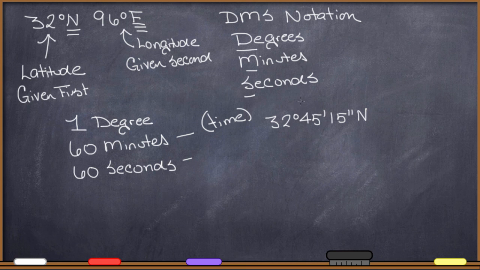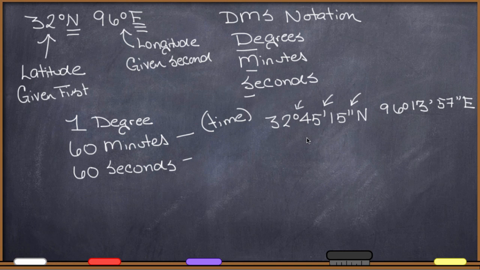So we still use the degree symbol right here for degrees, but then this is our symbol for minutes, and this is our symbol for seconds. So 32 degrees, 45 minutes, 15 seconds north. And we could do the same thing over here with 96 degrees, 13 minutes and 57 seconds east.